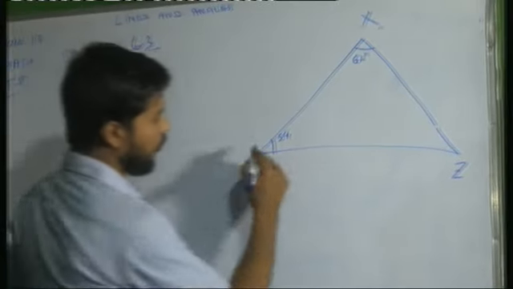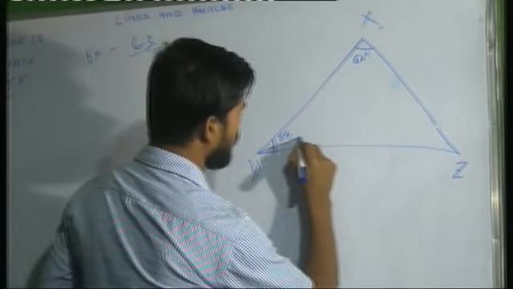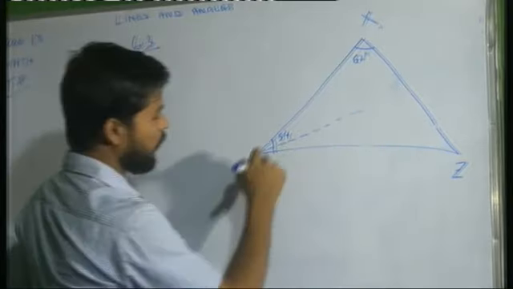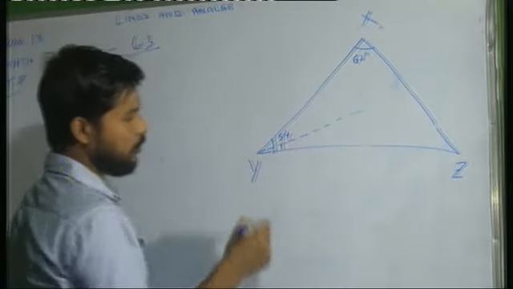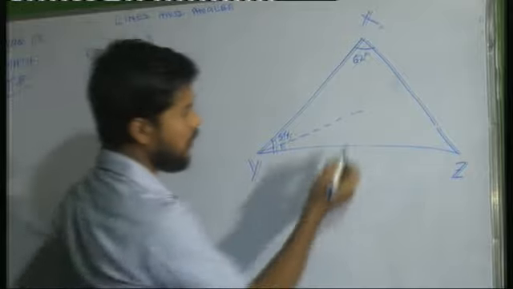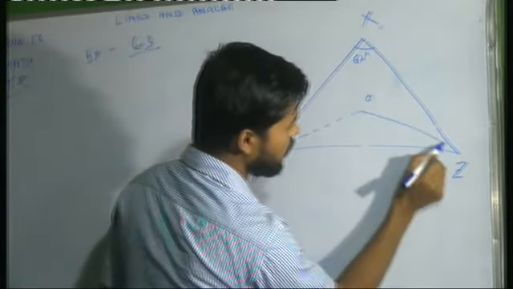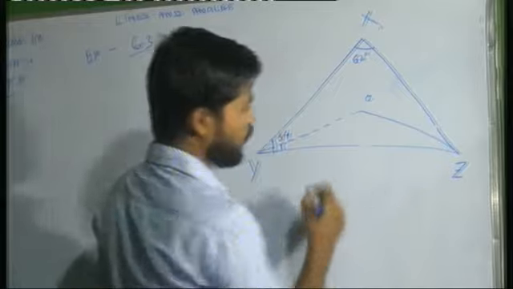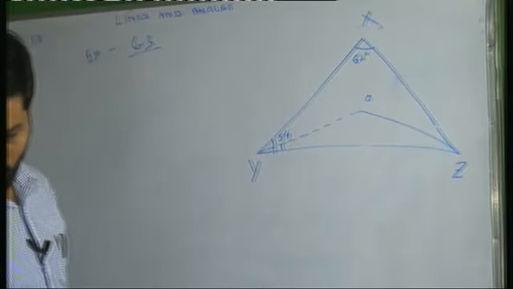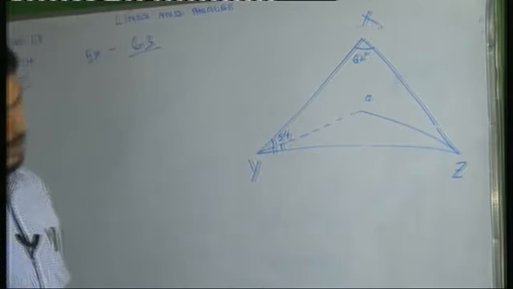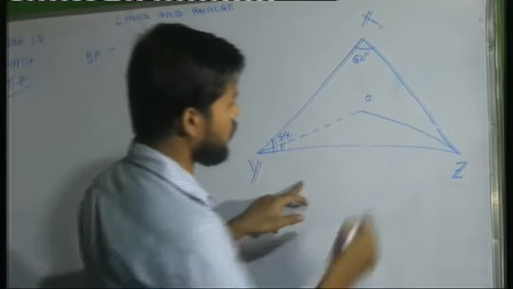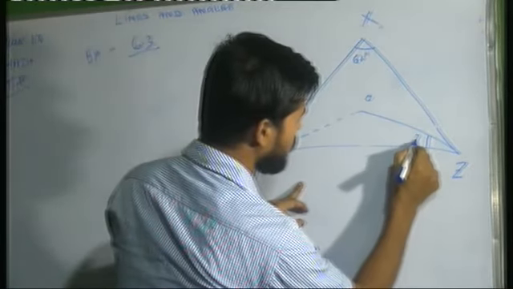Now since OY is a bisector of the angle Y, each of these angles will be 54 by 2. OY is the bisector of this angle and OZ is the bisector of angle Z. So we have to calculate the value of angle OZY. What is the value of this angle?